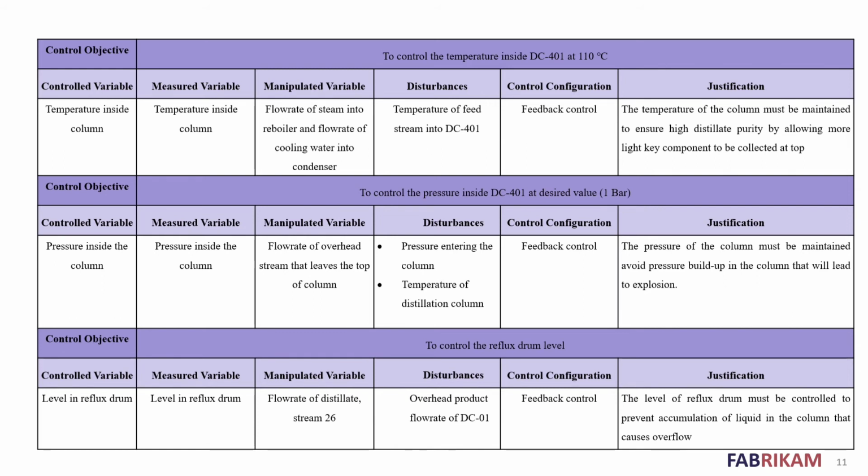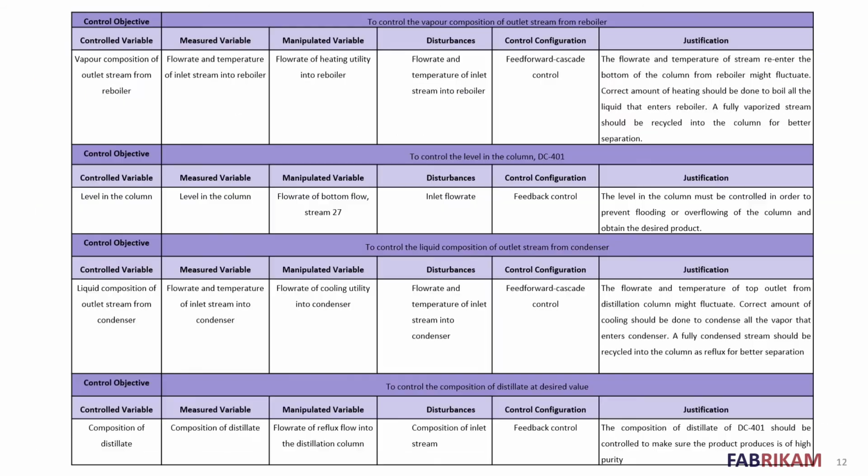While to control the reflux drum level, the level in the reflux drum was measured and the flow rate of distillate stream 26 was manipulated. The control configuration is feedback control. The flow rate of heating utility into the reboiler was manipulated to control the vapor composition of outlet stream, while the flow rate of bottom flow stream 27 was manipulated to control the level in the column DC401.